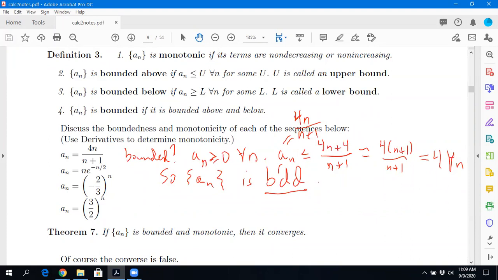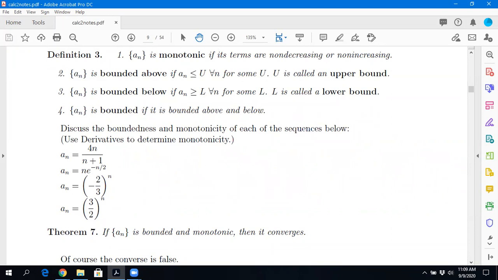Okay, what about monotonicity? Is this thing monotone? Well, to figure that out, what do you think I'm going to do? Take the derivative. So I'm going to take 4n over n plus 1 and take the derivative with respect to n, which is a little weird, but that's the variable after all.